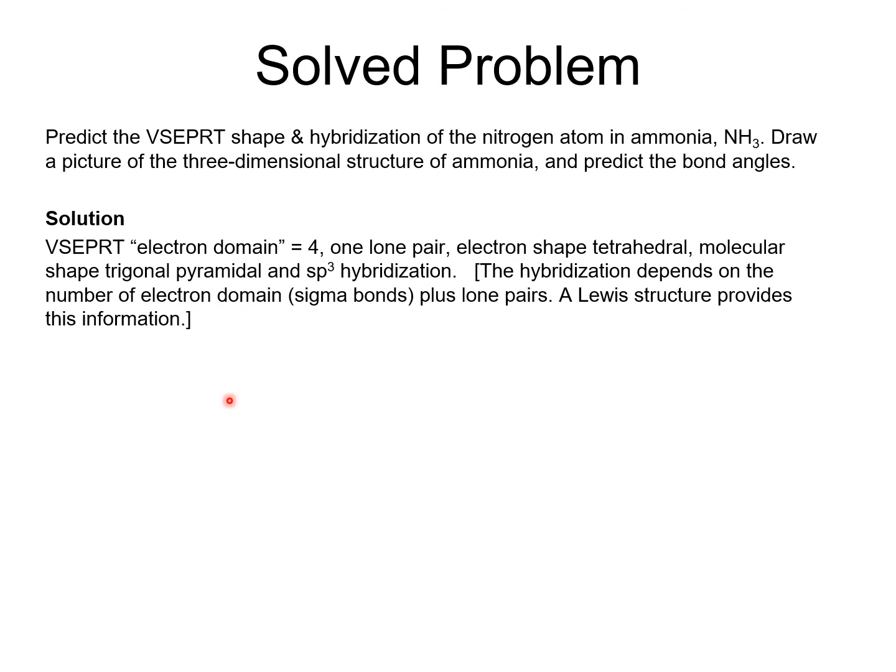So here's my Lewis dot structure. It's got 1 lone pair and it has 3 sigma bonds. So it has 4 electron domains. If it has 4 electron domains, then the geometry of the electrons is tetrahedral.